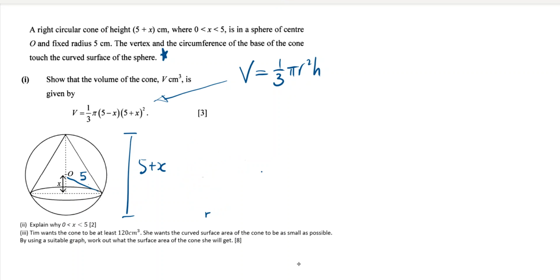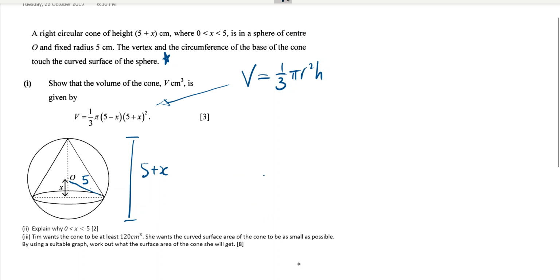Now in the case of this, can you see the right angle triangle? It is over here. If this is 5 and this is x, this is the radius of the cone.